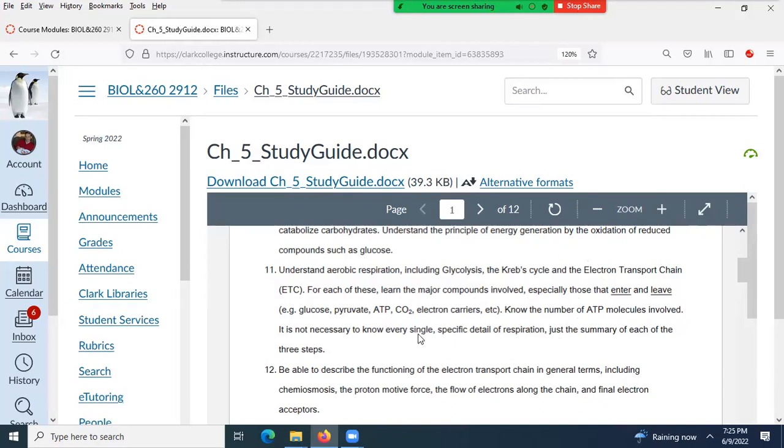It's not necessary to know every single specific detail of respiration, but you should know the summary. So you should know how many ATP are made by aerobic respiration. And for each step of aerobic respiration, meaning there's a net gain of 2 from glycolysis, a net gain of 2 from the preparatory step in the Krebs cycle. And what is it, 34?